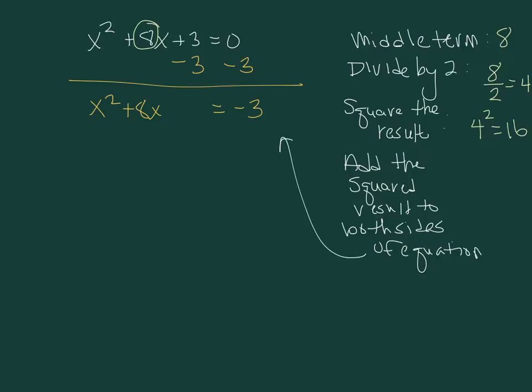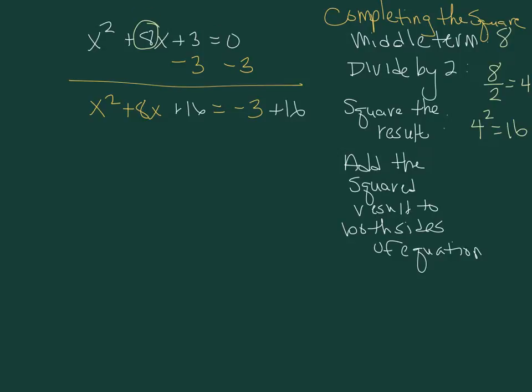So I'm going to add plus 16 here and plus 16 here. Okay, that's how you would run this part of it. This process on the right here is one of the stages for completing the square.